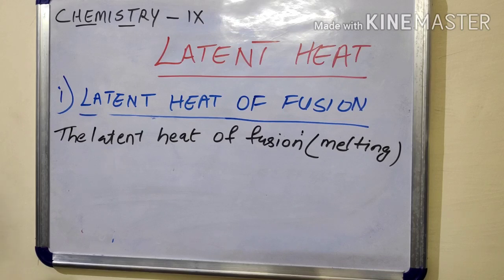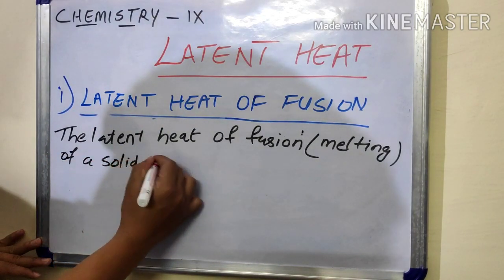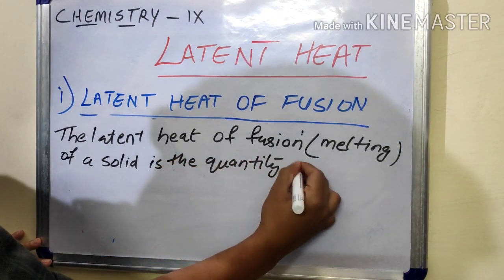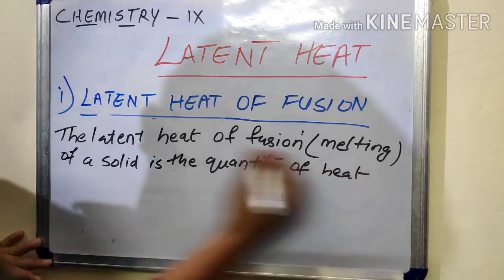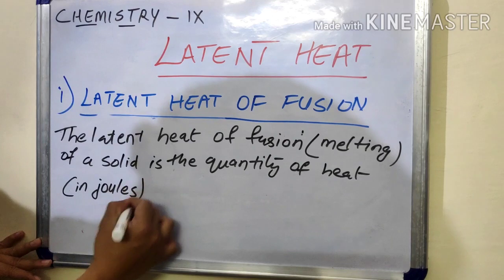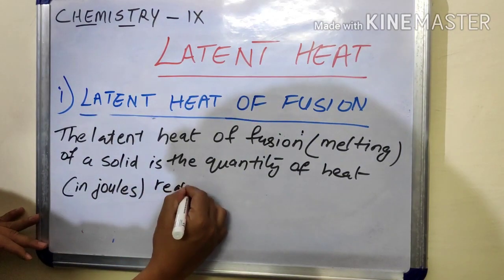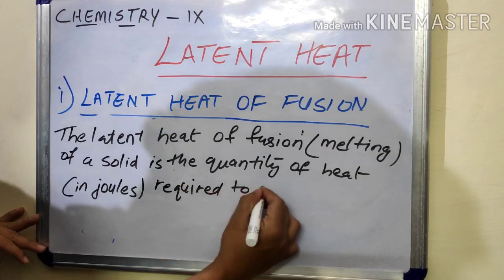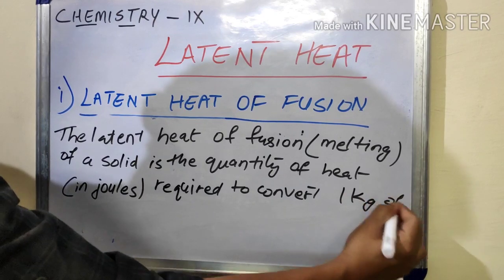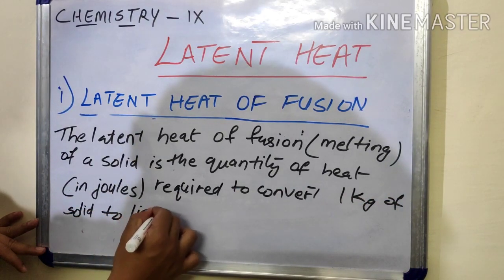The latent heat of fusion of a solid is the quantity of heat, again in joules, required to convert 1 kilogram of solid to liquid. Is the definition over?